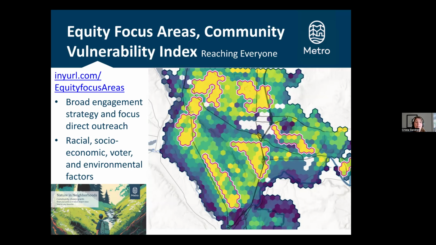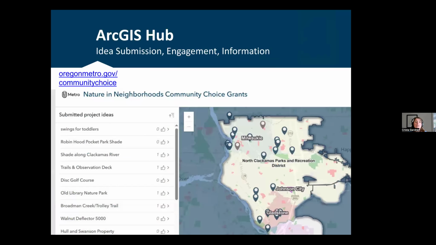Next slide, please. So Metro also produced an ArcGIS hub in 2025 for the Clackamas County round. Knott and Metro collaborated to create an ArcGIS experience builder for the 2023 round in Washington County. Both of those platforms allow for idea submission, upvotes for popular projects, and feedback all to happen in one place.